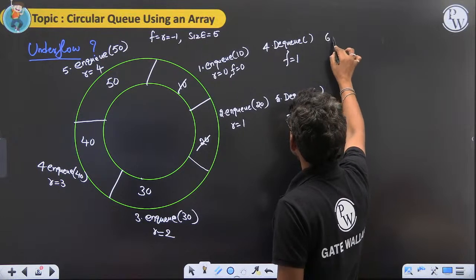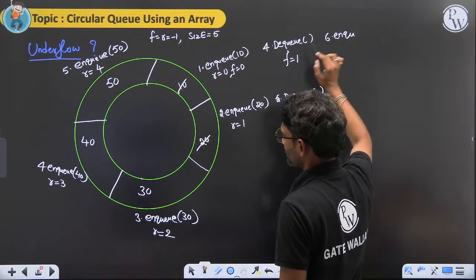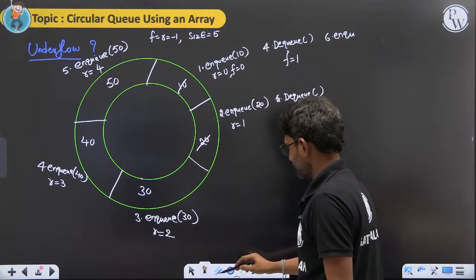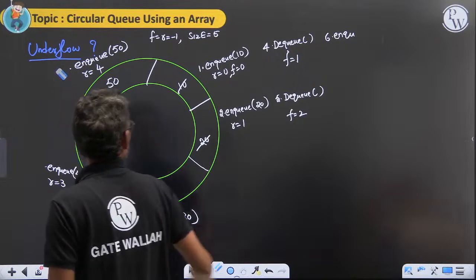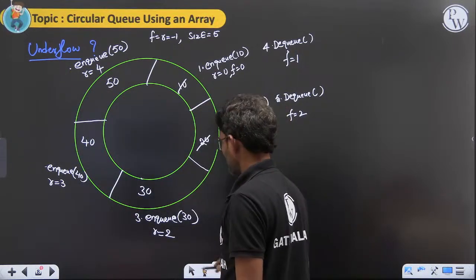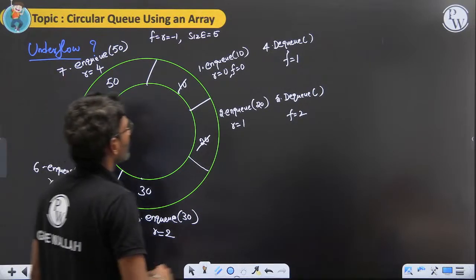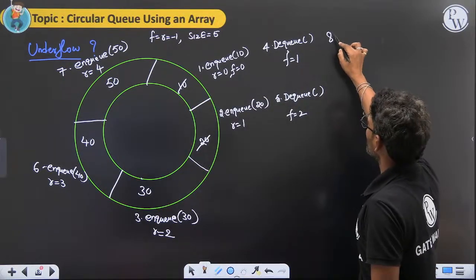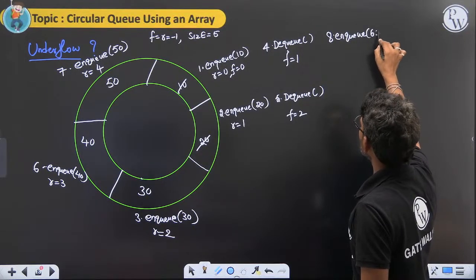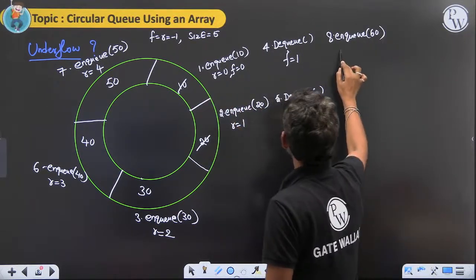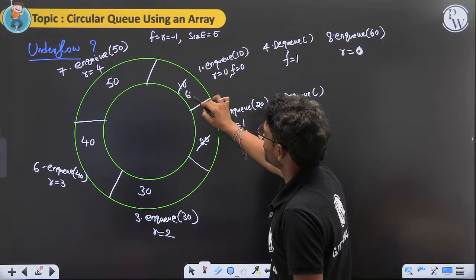Then let's say I am doing enqueue 60, rear becomes 0 and 60 is inserted.